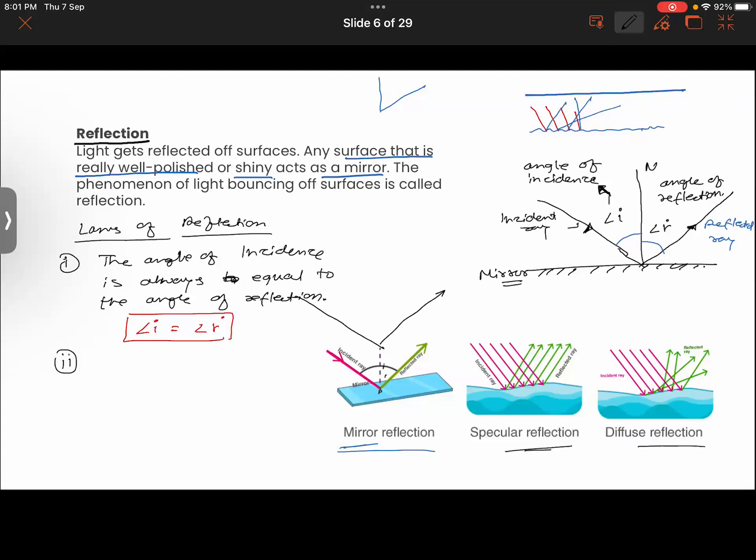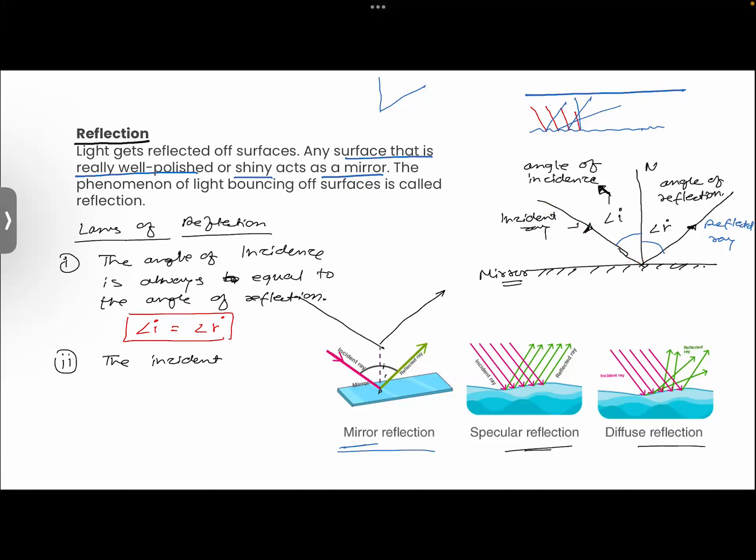Now, the second law says that the incident ray, this ray that is coming here at this mirror, and this normal, which is here, this normal line, and the reflected ray, this reflected ray, all are lying in the same plane.